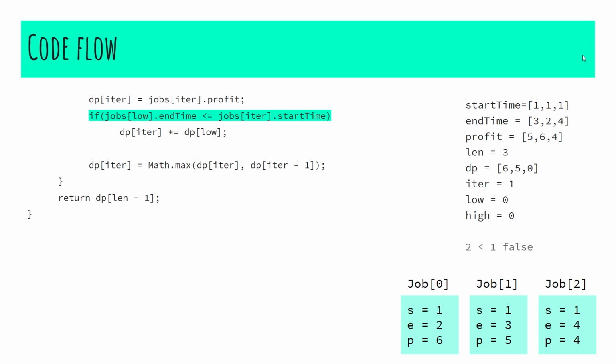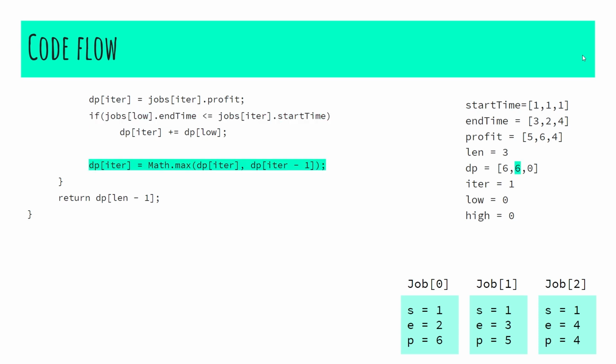After this, I'm going to check if the end time of the previous job is less than or equal to the start time of the current job. As you can see, the previous job end time is 2, but the start time of my current job is 1. Therefore, I'll not execute this if block.